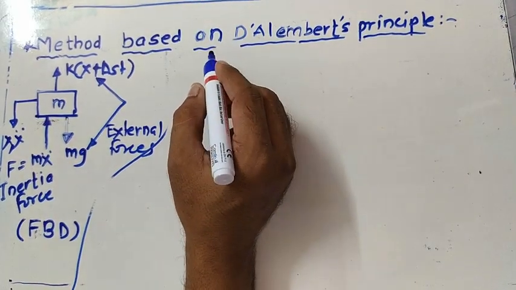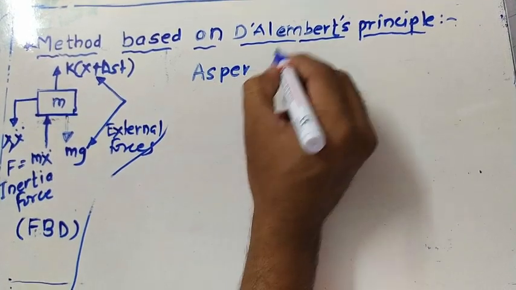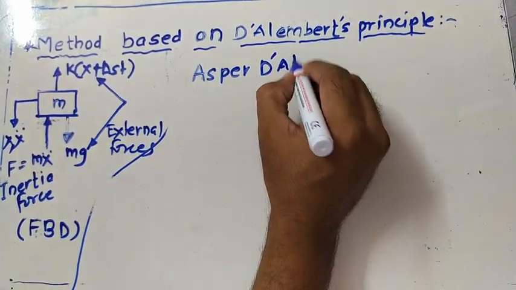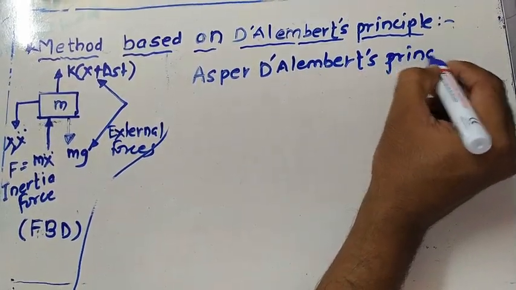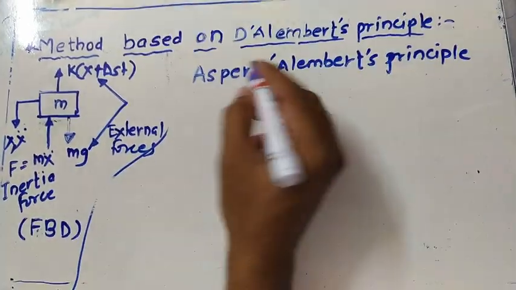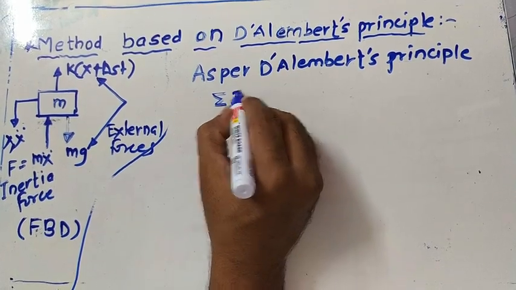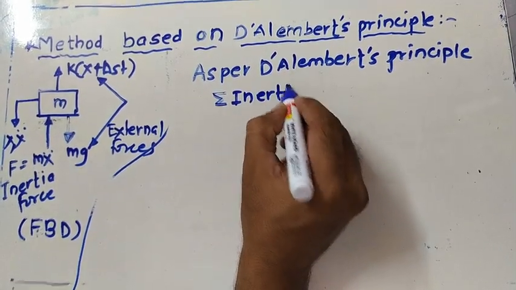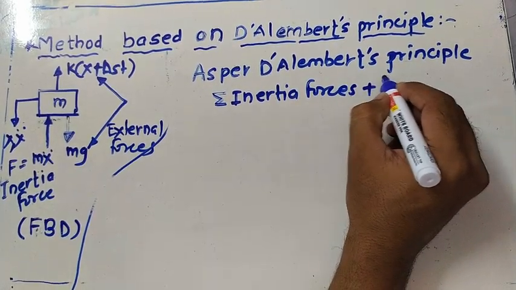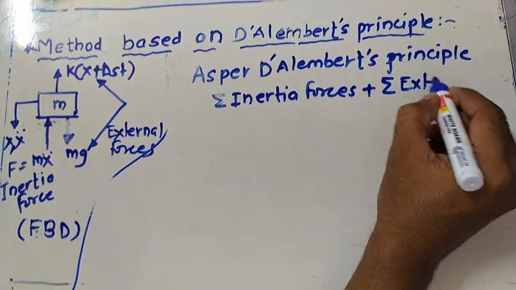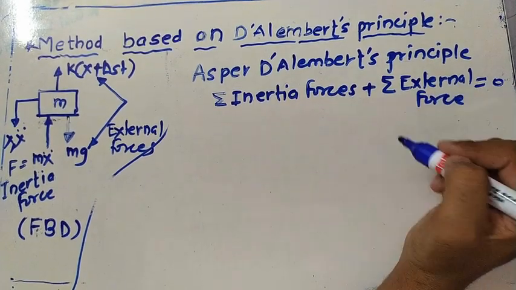Now as per D'Alembert's principle, the summation of inertia forces plus the summation of external forces must be equal to 0.